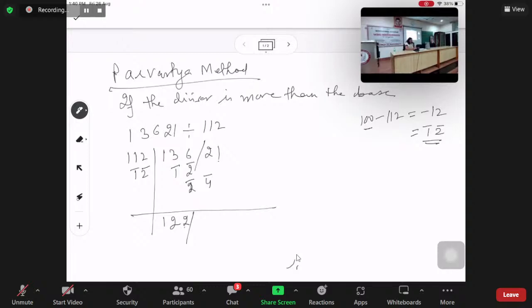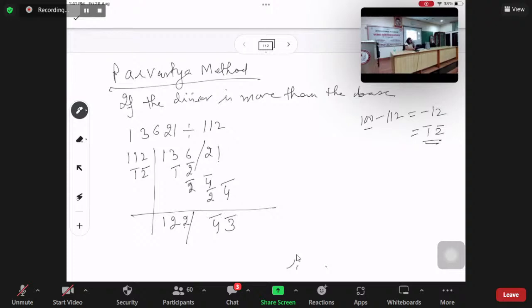Again, 2 into 1 is 2 bar, 2 into 2 is 4 bar. Now 1 minus 4 is 3 bar. 4 bar, 2 bar is 6 bar, 4 bar. That's it.